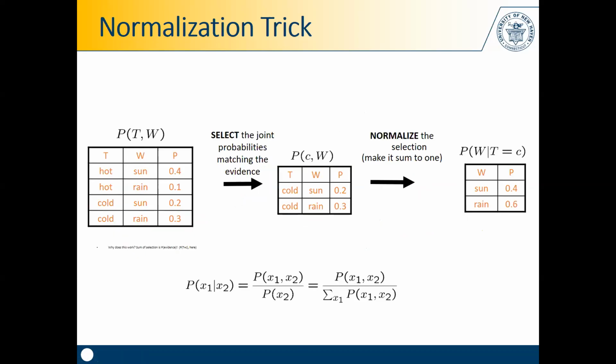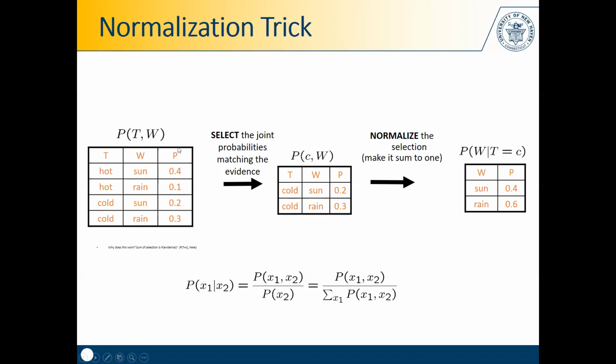So to sum it up, to give you a general formulation for the normalization trick, for calculating the conditional probability distribution of this sort, first, we select the joint probabilities matching the evidence.